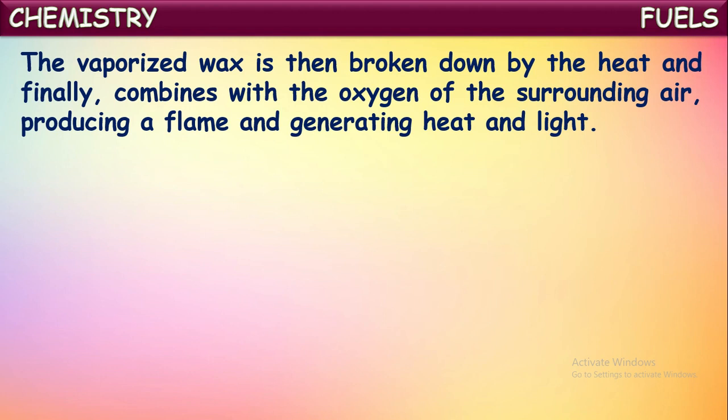The wax around the wick first melts and rises up into the wick, and because of the heat from the match, the liquefied wax vaporizes and breaks down, and finally combines with oxygen from the surrounding air, and then combustion starts and gives a flame with light and heat.